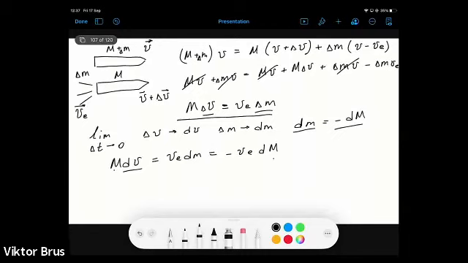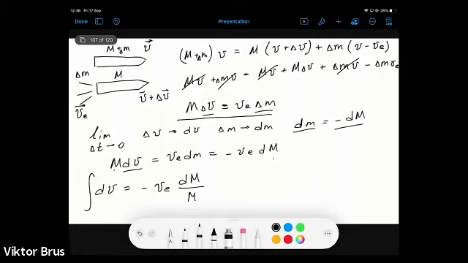So it will be dv is equal to minus ve times dm over capital M. Okay, now we have these differentials separated, and we can integrate left and right side.